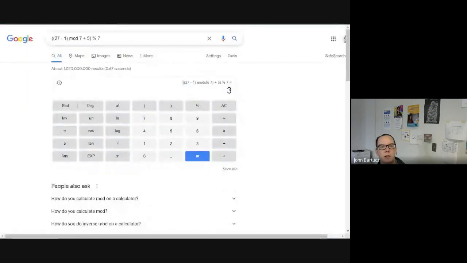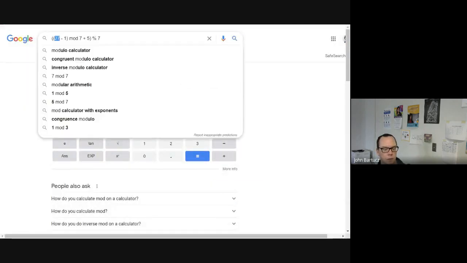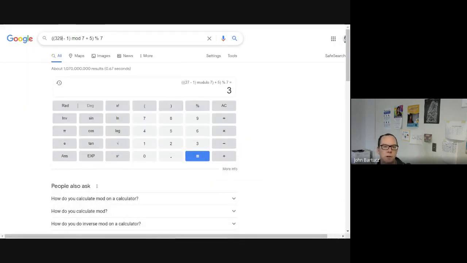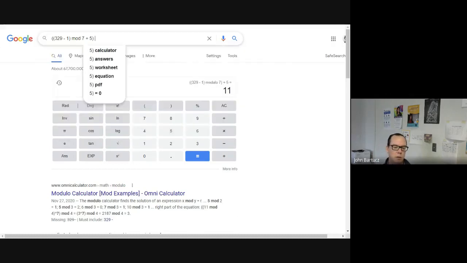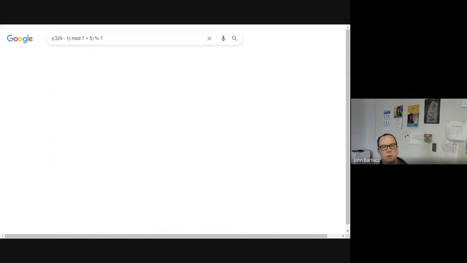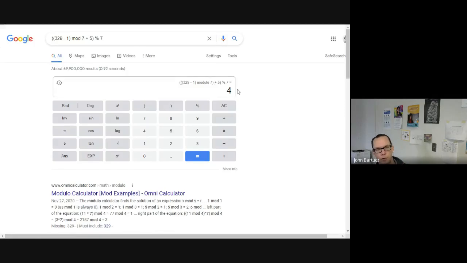I put it into my little calculator here. And if I did not do %7, then it would give me the number 11. There is no 11th day of the week, but there is a 4th day of the week. So Sunday is 0, Monday 1, Tuesday 2, Wednesday 3, Thursday is 4. So it gives me the right answer.